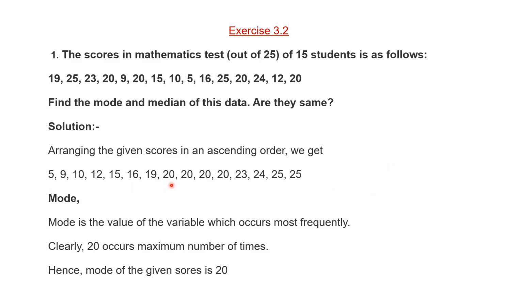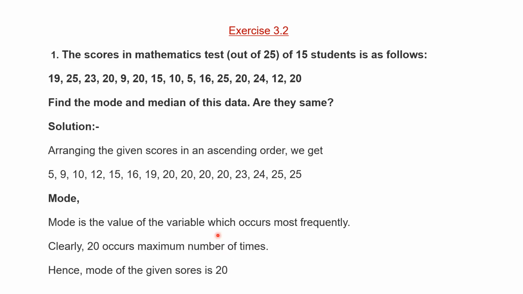That is 20, right? 5 only one time, 9 also one time, 10 one time, 12, 15, 16, 19 are all one time, and 20 three times, 23 also one time, 24 one time, and 25 two times. That means 20 has occurred three times. That means the mode of the given data is 20.